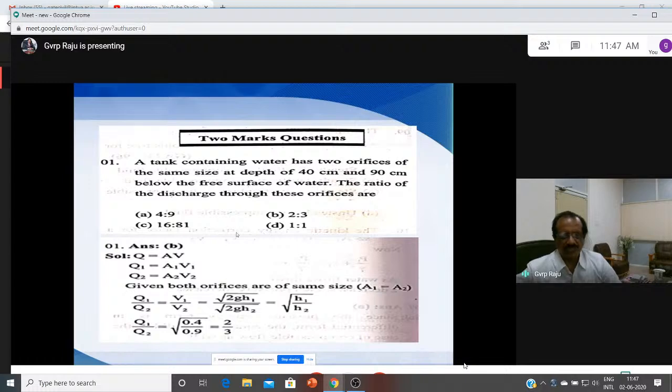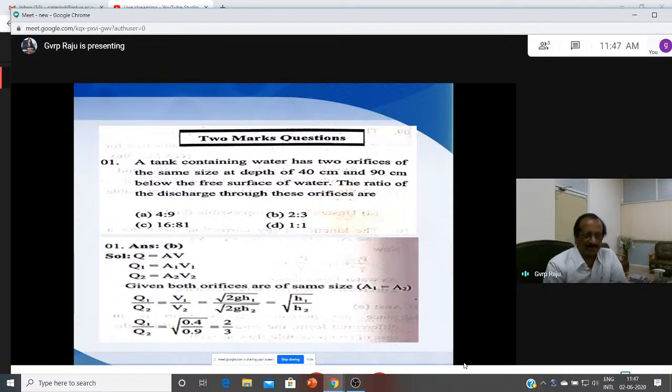The ratio of the discharges through these orifices is. So a tank containing water has 2 orifices of the same size, and he has given the depths here as 40 and 90 centimeters. The ratio of the discharges through the orifices.